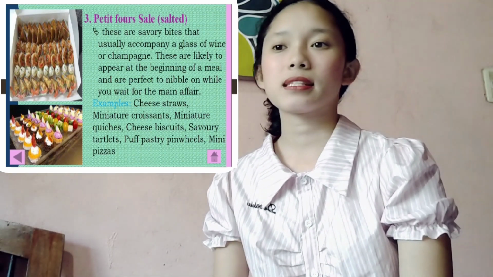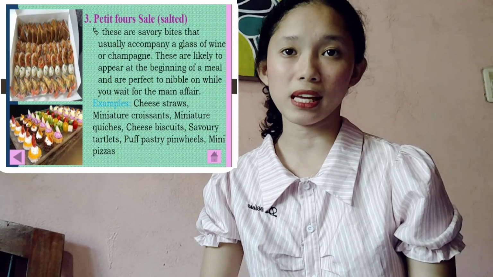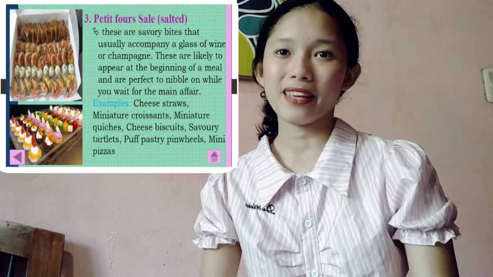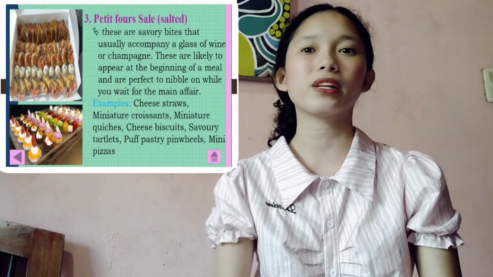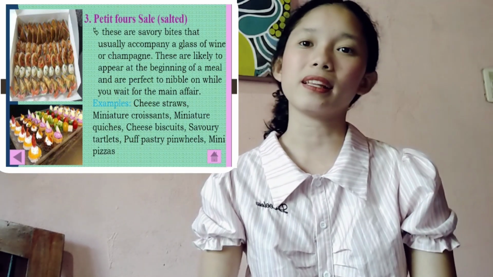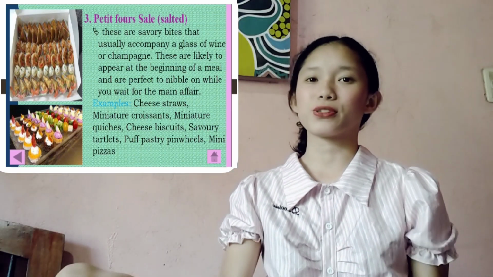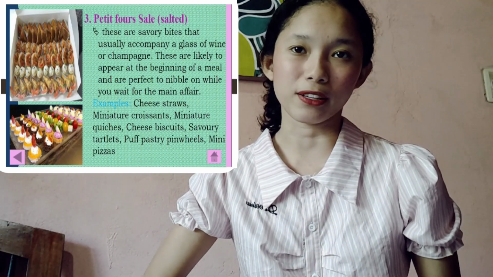Third and last variety of Petit is the Petit salé, which means salted. Okay, these are savory bites that usually accompany a glass of wine or champagne. It is likely to appear at the beginning of a meal and is perfect to nibble on while you wait for the main affair.